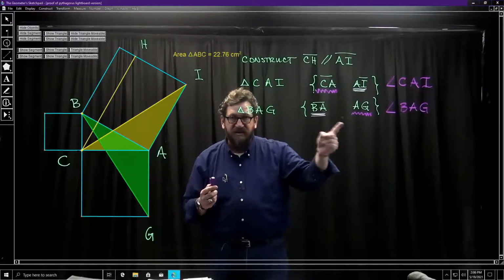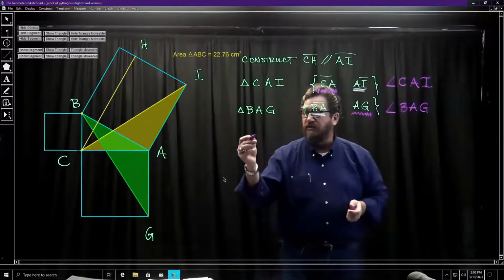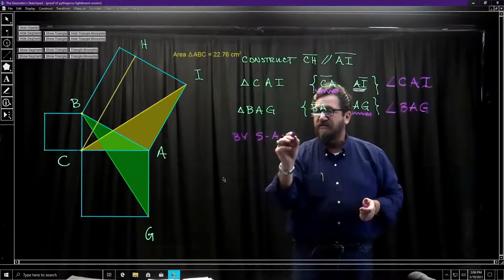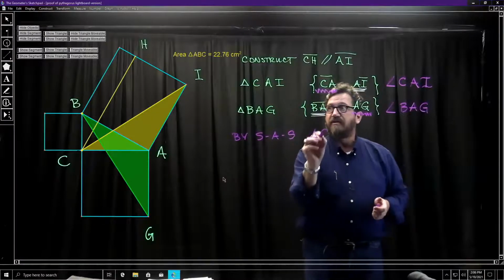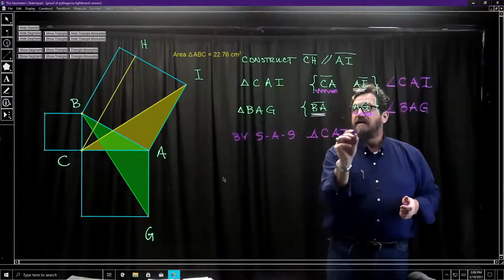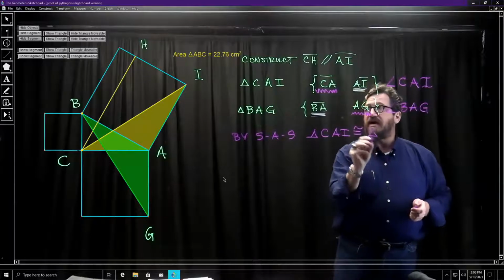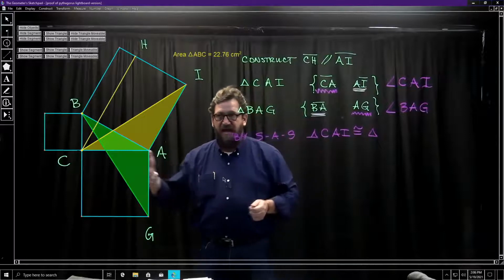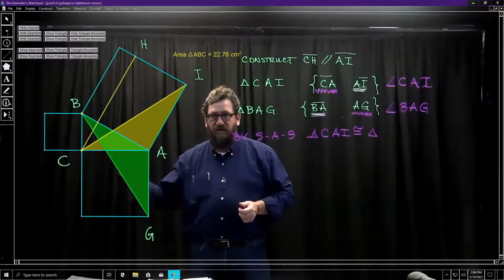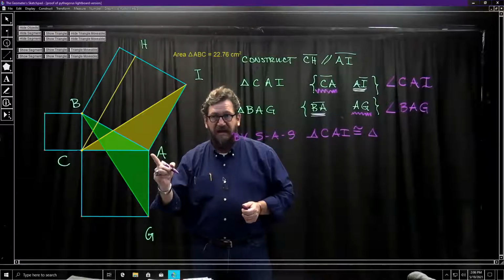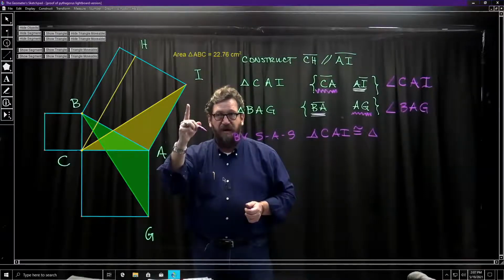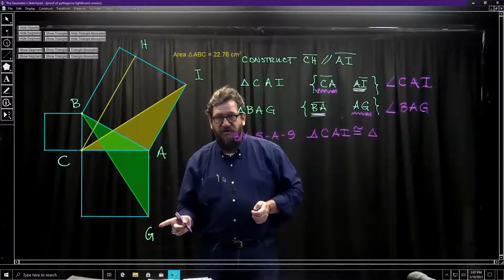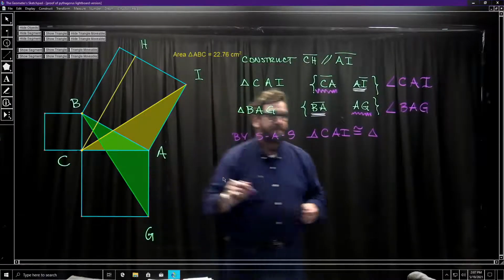And if we look at these sides right here, I can now conclude by side angle side that triangle CAI is congruent to triangle, and let me get my naming straight. If we're going C to A to I, so it's this leg, then out onto the hypotenuse. So for the green triangle, it needs to be GAB.